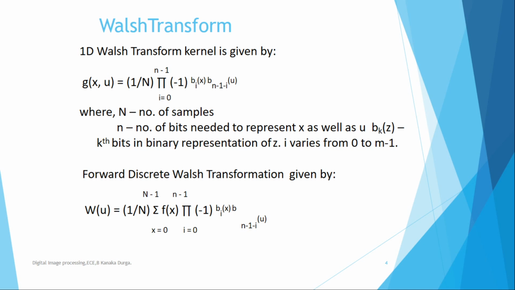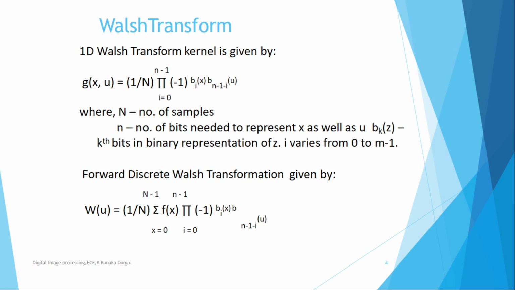So first I will take i equal to 0. So b_i of 0 is there. I want to represent the spatial coordinate value with respect to 2. So b_i of x is nothing but b_i of 2. In b_i of 2, i is 0. The 2 is represented with the binary value 10. So b_0 of 2 goes for 0.